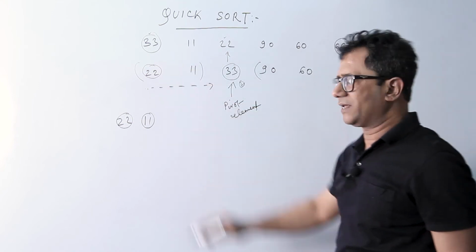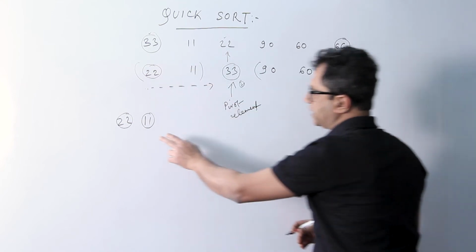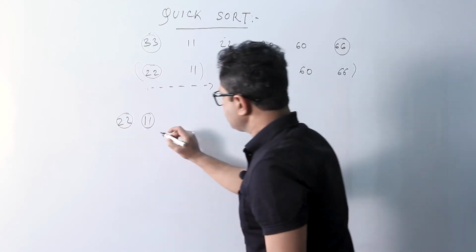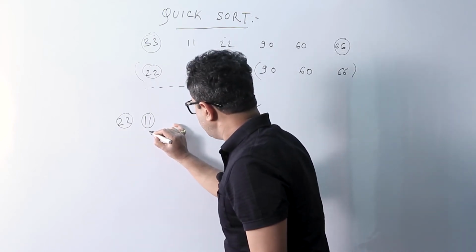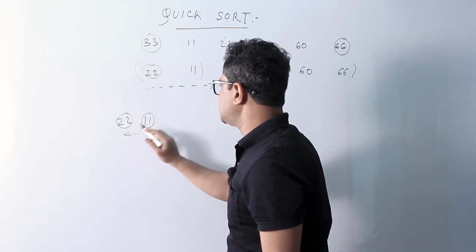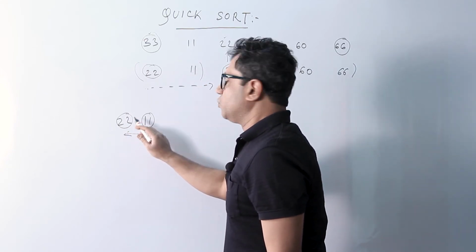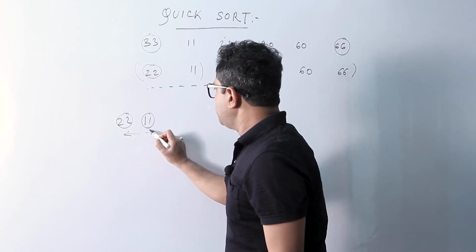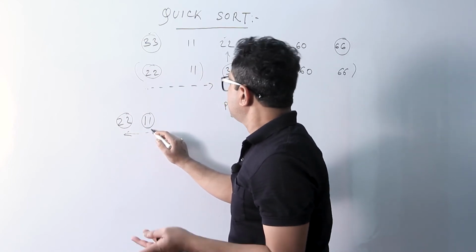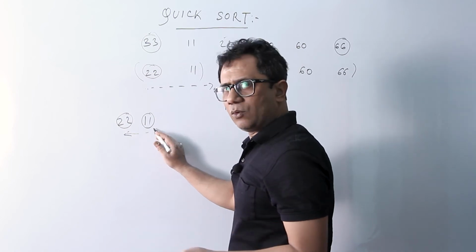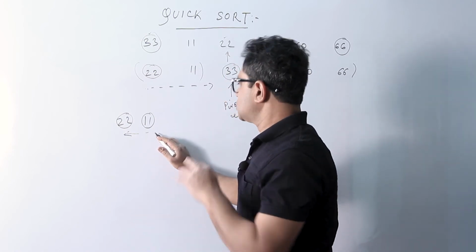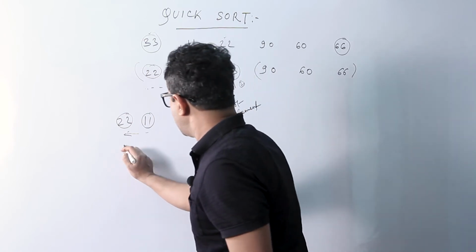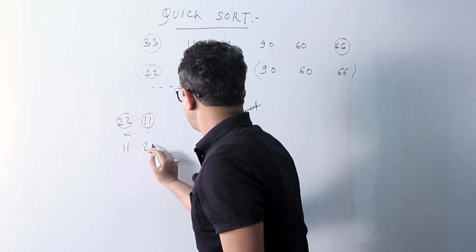Now, we will exactly do the same method over here: we will start from 11, scan towards the left and see which number we first encounter which is less than 22. Starting from 11 is the first number which we encounter, which is less than 22. So, we will just swap 11 and 22 and write this 11 over here and 22 over here.